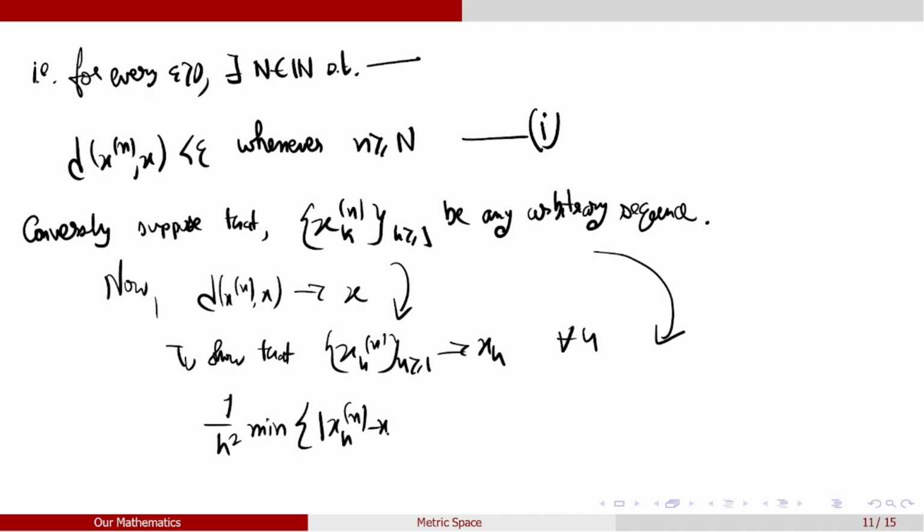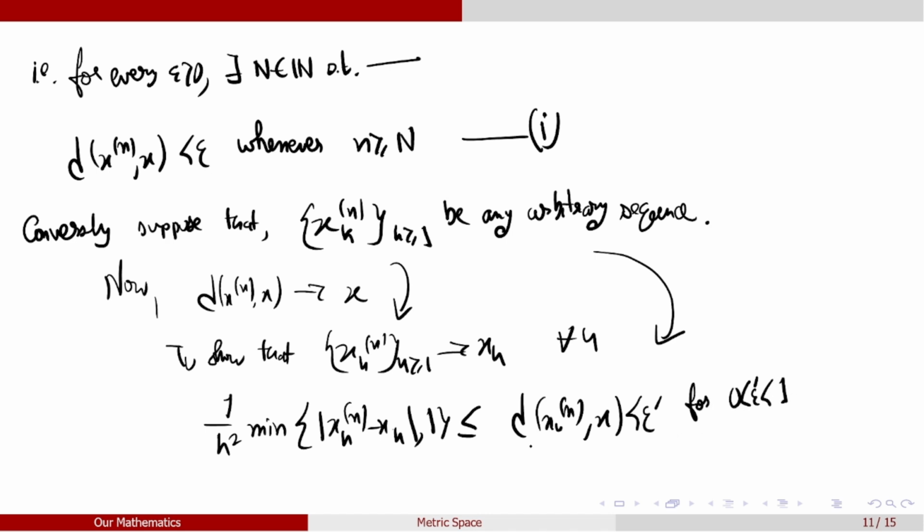So in particular, for each k the individual summand is less than d of xn comma x. So 1 by k square times the minimum of |xkn minus xk| comma 1 is less than or equal to d of xn comma x, which is less than epsilon prime, for epsilon prime lying between 0 and 1.